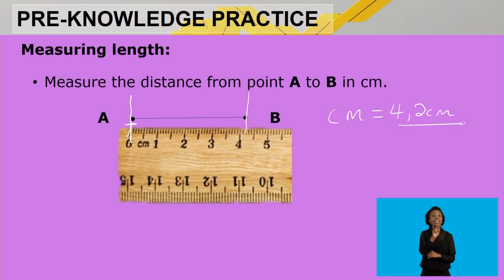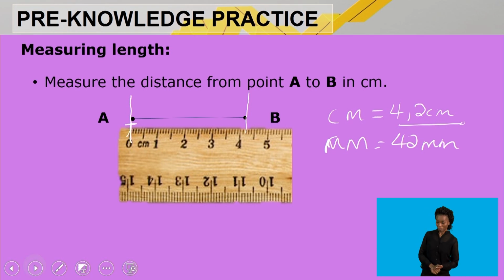That's when we measure in centimeters. Then when we measure in millimeters, remember we've said we are always going to have a whole number. It's not going to be a comma. Then we are going to have 42 millimeters. So that's how we measure using the 2 units.